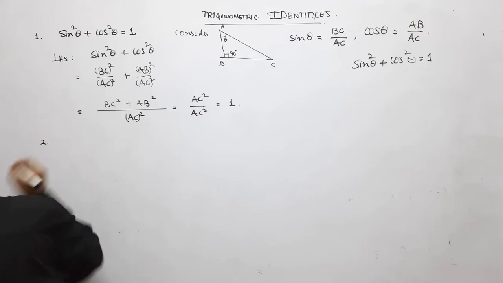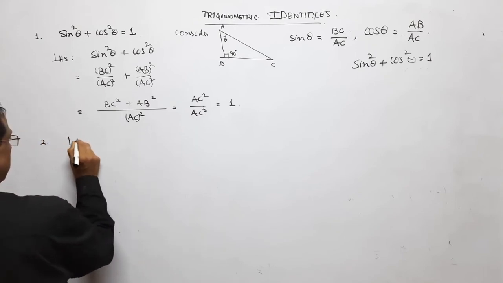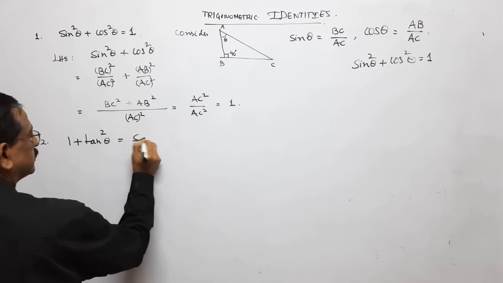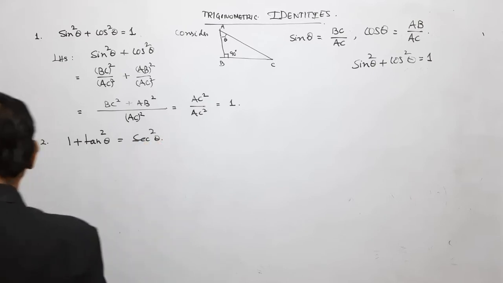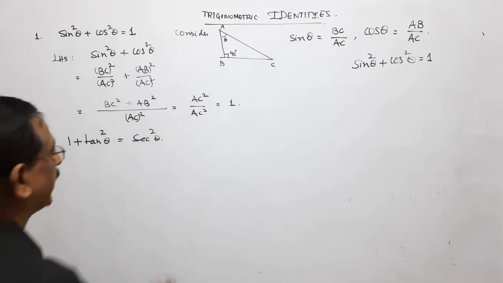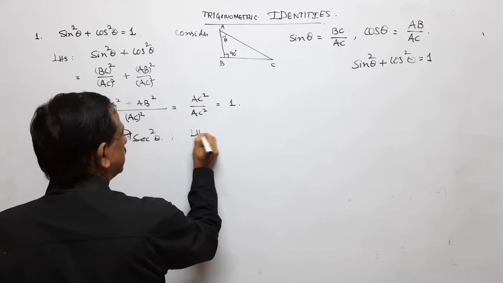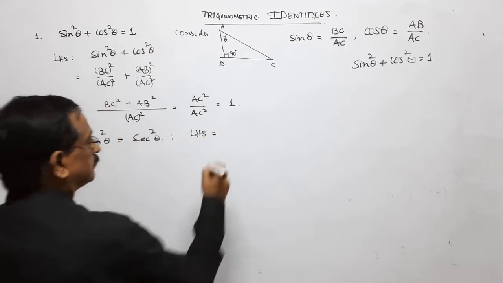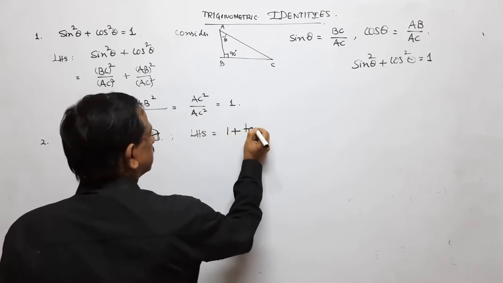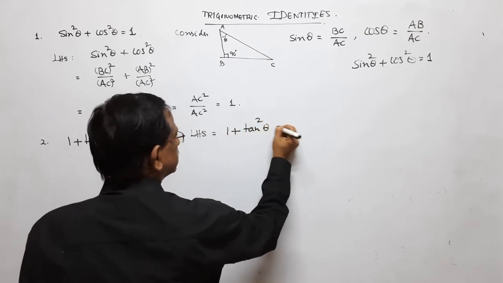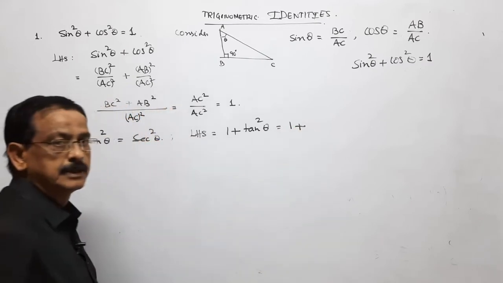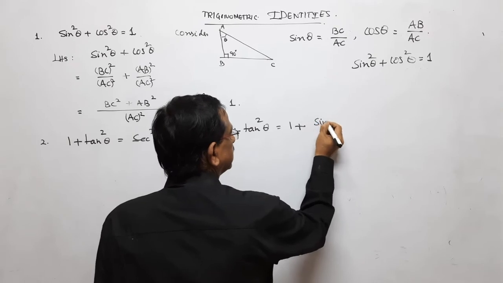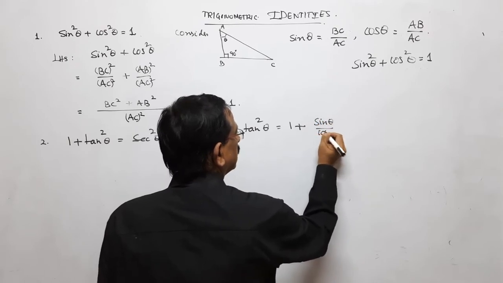Now the second identity is 1 plus tan square theta is equal to secant square theta. So again, for this, what I consider is LHS is equal to 1 plus tan square theta, which means tan theta whole square. So sine theta by cos theta whole square.